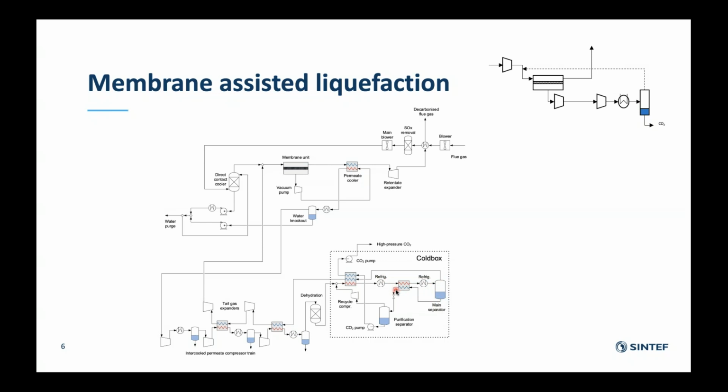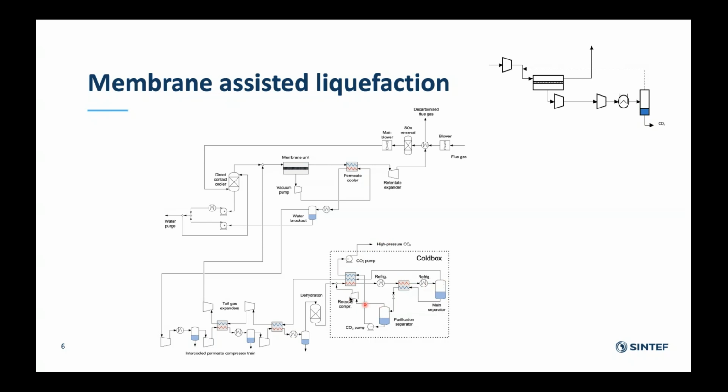The pressure of the liquid CO2 is lowered further to approximately 8 bar to get the CO2 at the conditions we require, with a CO2 purity of more than 99%, and it is then heated up and pumped to the required pressure.